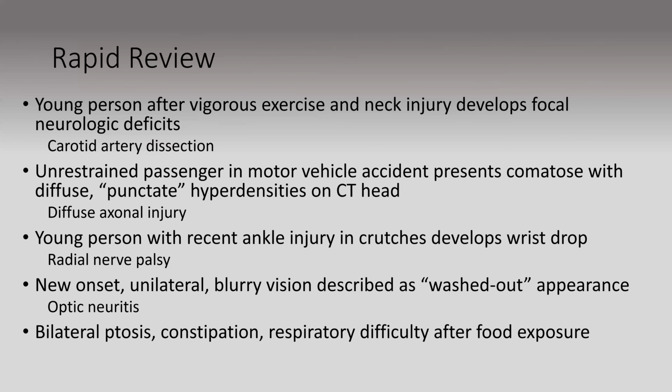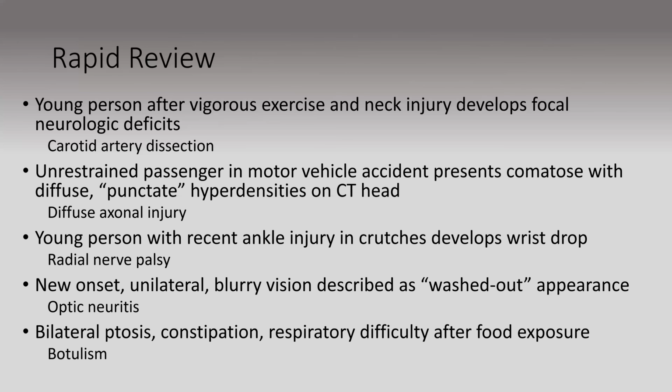So bilateral ptosis, constipation, and respiratory difficulty after food exposure. Questionable food history. Maybe all other people nearby have experienced similar symptoms. So this is botulism. Remember, botulism prevents acetylcholine release, and acetylcholine is responsible for most contraction at the neuromuscular junction.